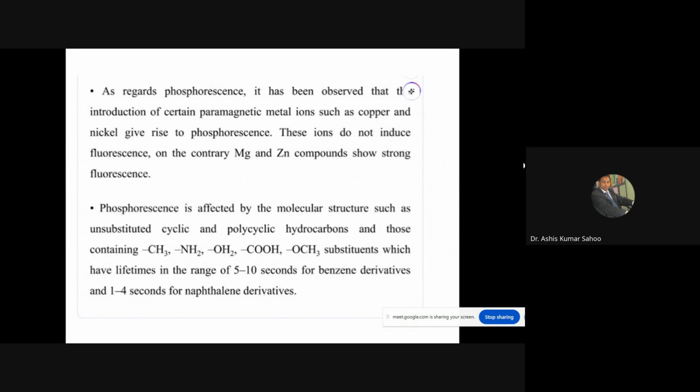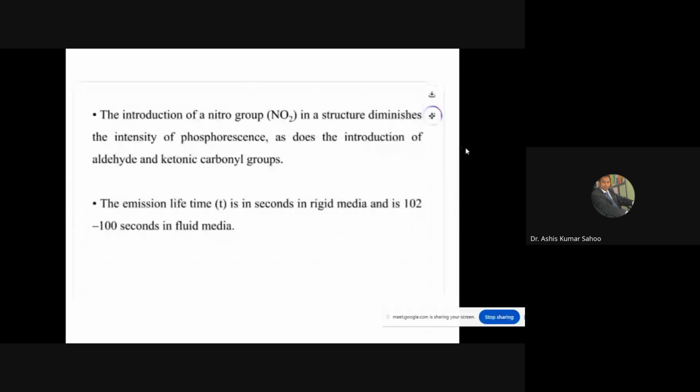Phosphorescence is affected by the structure, such as in unsubstituted cyclic and polycyclic hydrocarbons. The introduction of a nitro group in a structure diminishes the intensity of fluorescence.